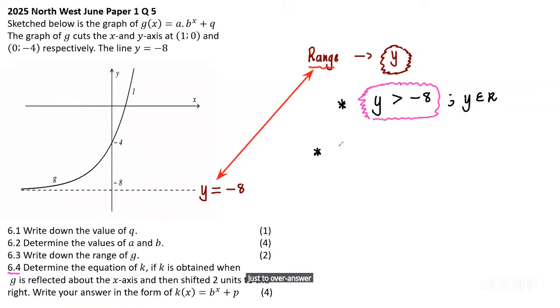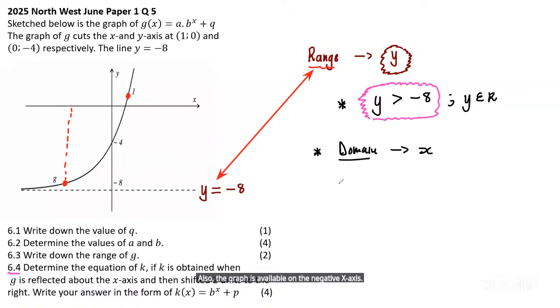For your domain, if you notice, your graph for the domain, which is about x values, exists on the positive x-axis. Also, the graph is available on the negative x-axis.